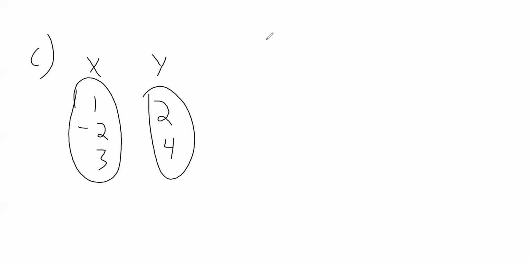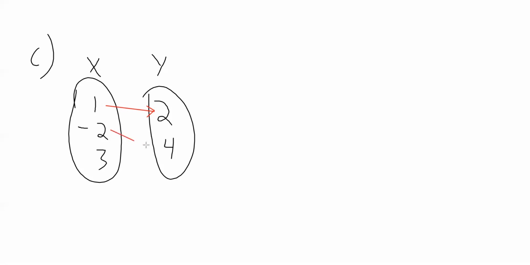And what we can do with that is we can actually just use arrows to point to the relationships. The x value of 1 points to a y value of 2. So that would be the ordered pair 1, comma 2, if you were to write it out as ordered pairs.